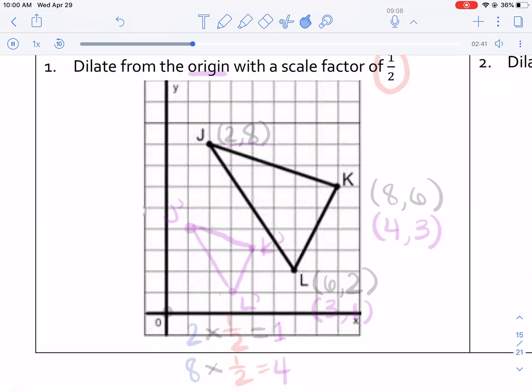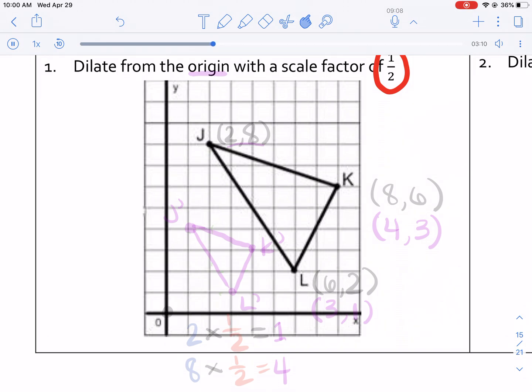So I have my points here in the triangle JKL, and in order to dilate this triangle, I'm going to go straight from each vertex of the triangle. So I have J, and it says dilate from the origin with a scale factor of 1/2. See, that scale factor was given to us. And I could find the distance of J by using the Pythagorean theorem.